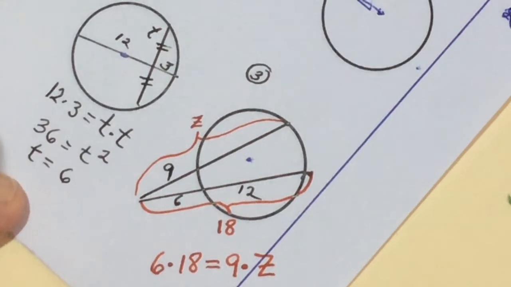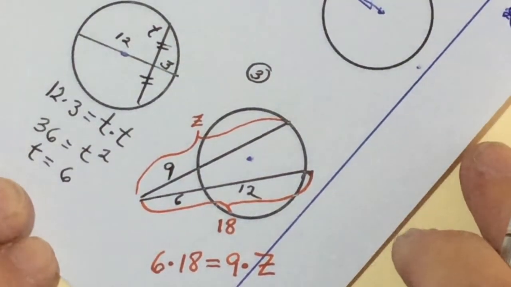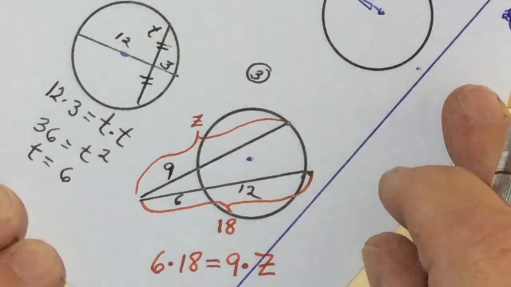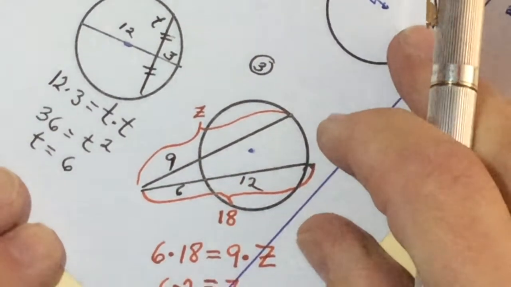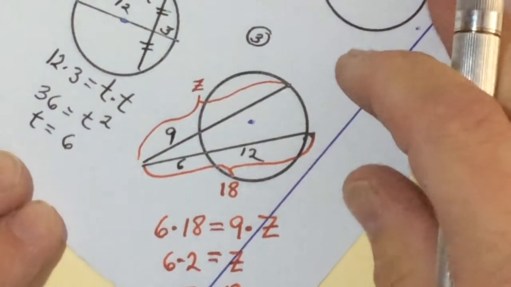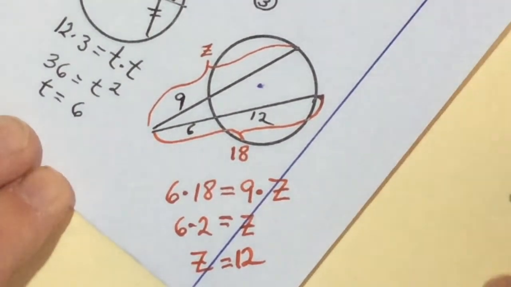Now, before I even multiply 6 times 18 together, I can simplify this. What if I divide both sides of the equation by 9? That would make this one go away, and that would reduce that to 2. So then it would be 6 times 2 is equal to z, and 6 times 2 is 12. So z is equal to 12.